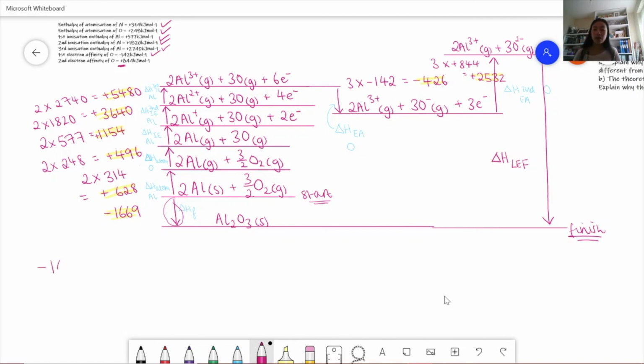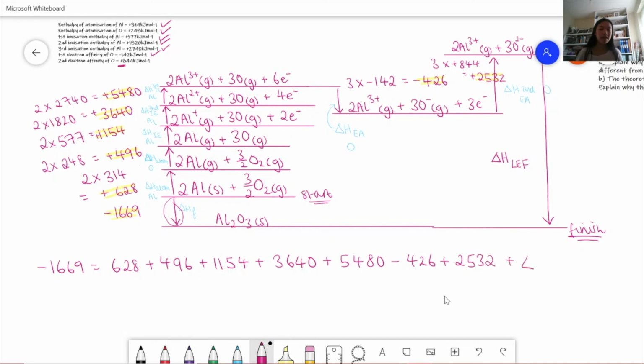We have minus 1,669, and that's equal to 628 plus 496 plus 1,154 plus 3,640 plus 5,480 minus 426 plus 2,532 plus this delta H of lattice enthalpy of formation.